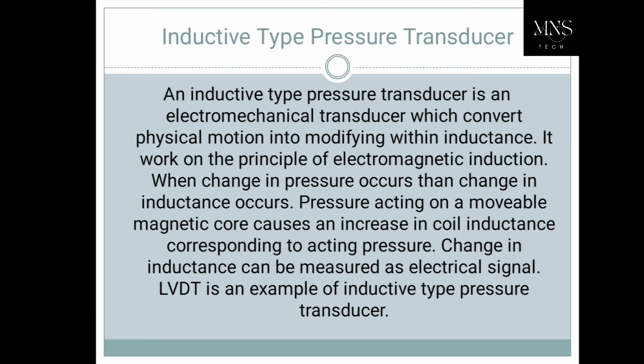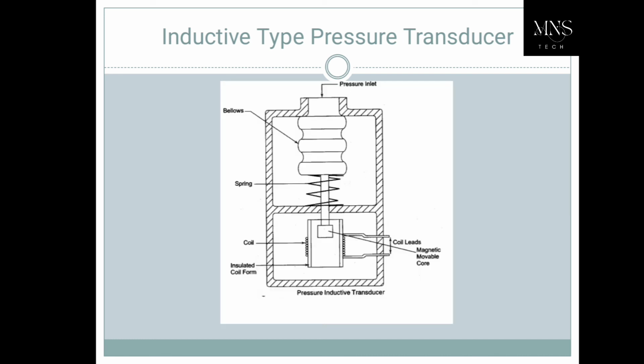Pressure acting on a movable magnetic core causes an increase in coil inductance corresponding to the acting pressure. Change in inductance can be measured as an electrical signal. LVDT is an example of an inductive type pressure transducer. There is a diagram of an inductive type pressure transducer.